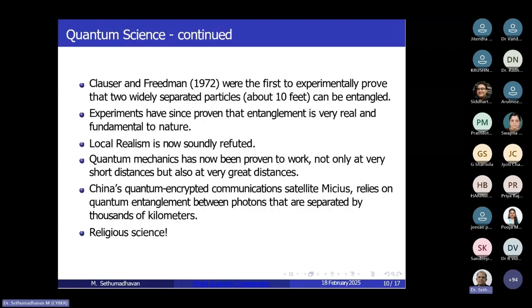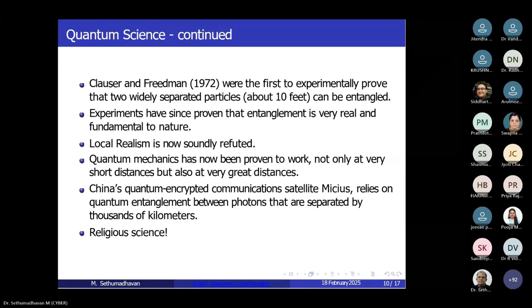And if you look at physics now, Clauser and Freedman in 1972 were able to experimentally prove that two particles, widely separated, and at that time widely was only about 10 feet, can be entangled. When trying to increase that length, they finally understood that at least for 10 feet there is a possibility. So this proved that entanglement is very real and fundamental in nature.